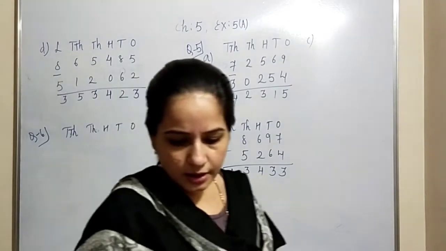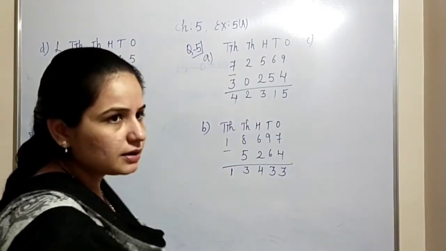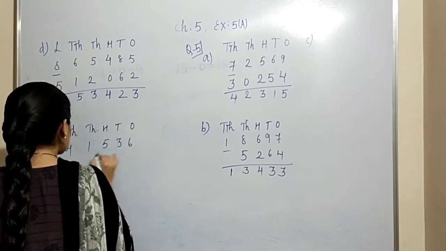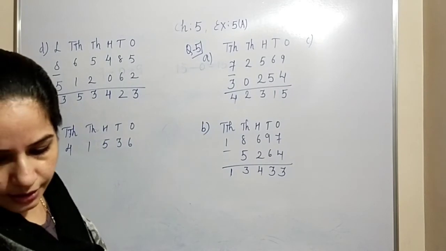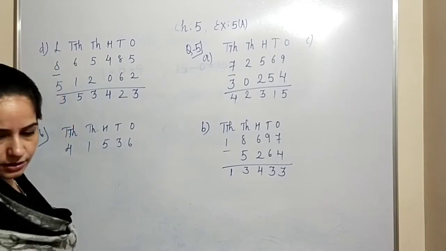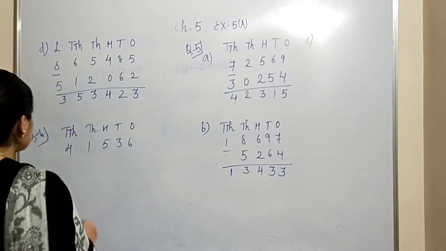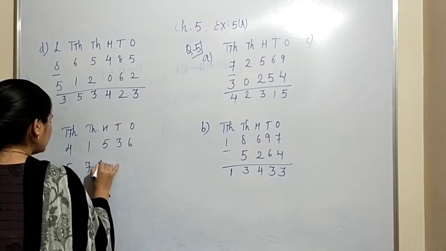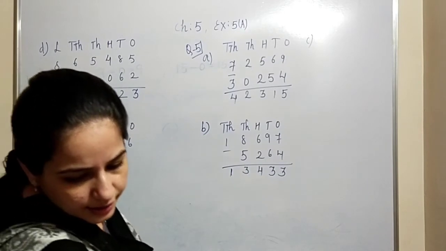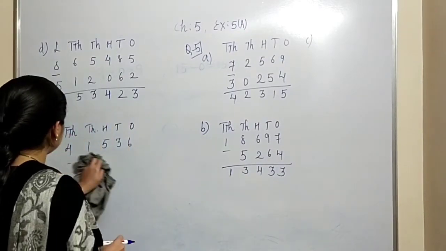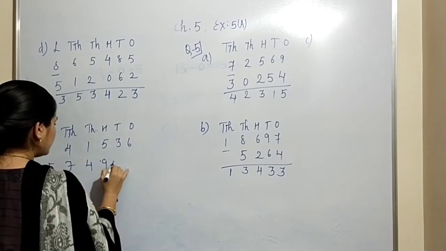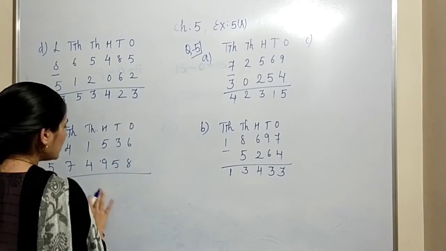Okay, 41,536 from 5,74,958. Okay, these we have arranged in columns.